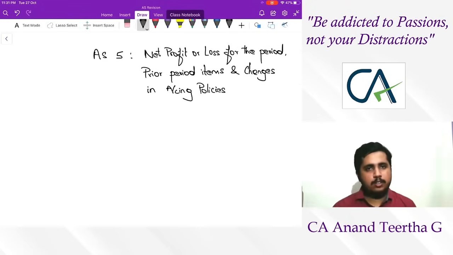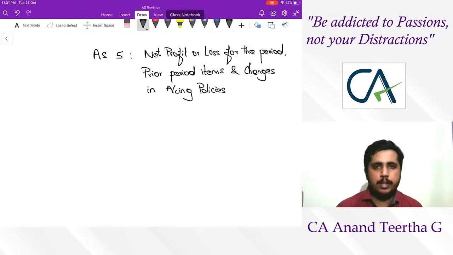Okay, so this is the title of the standard. You can see that the title is a bit vast, but yes, you have to bring these titles when you deal with it from the exam point of view. So it deals with net profit or loss for the period, prior period items, and changes in accounting policies.